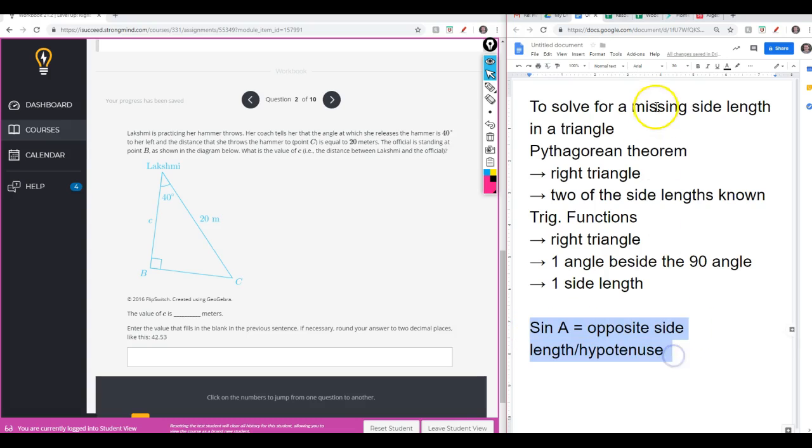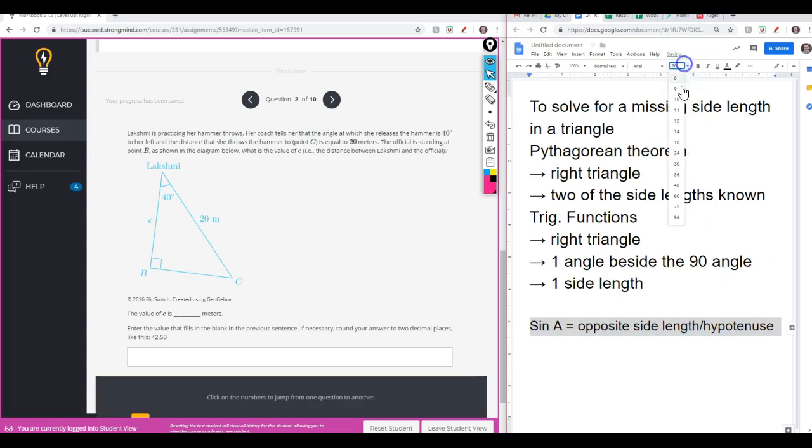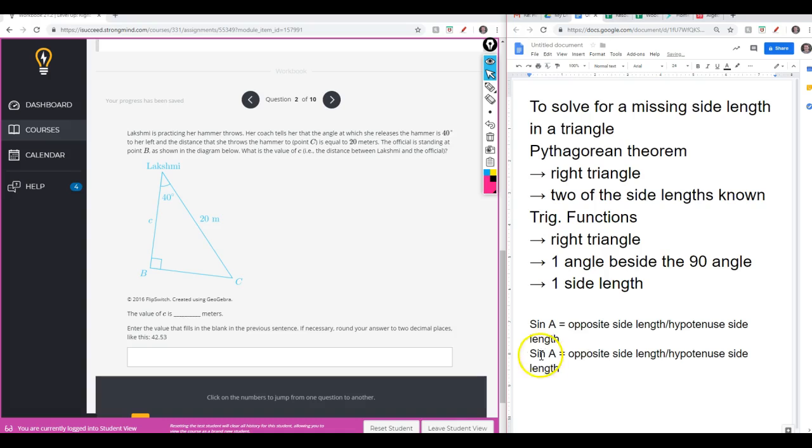And then the cosine of the angle is actually the adjacent side length divided by the hypotenuse side length.